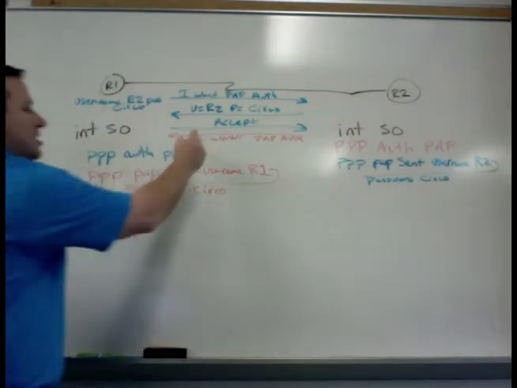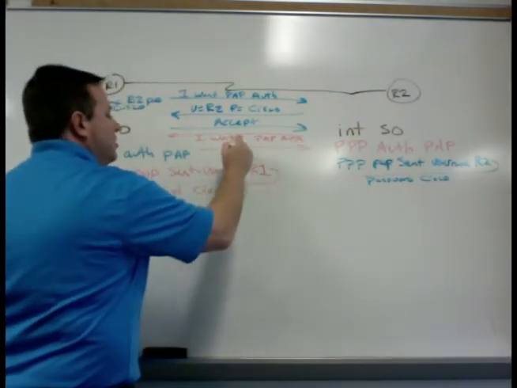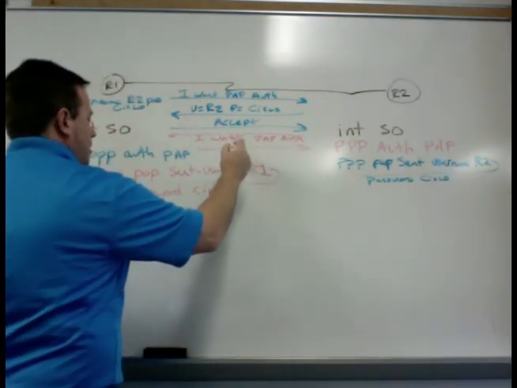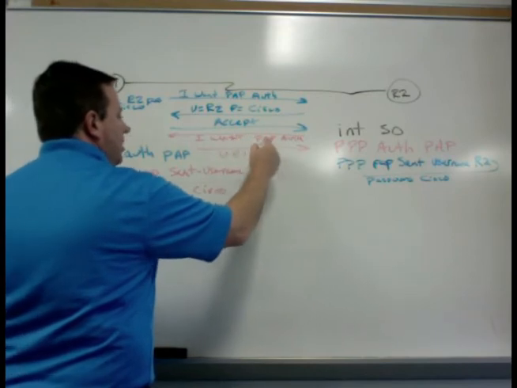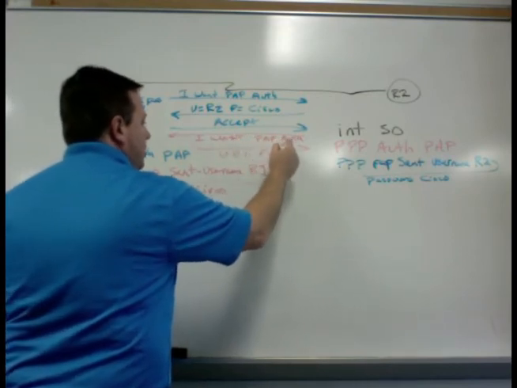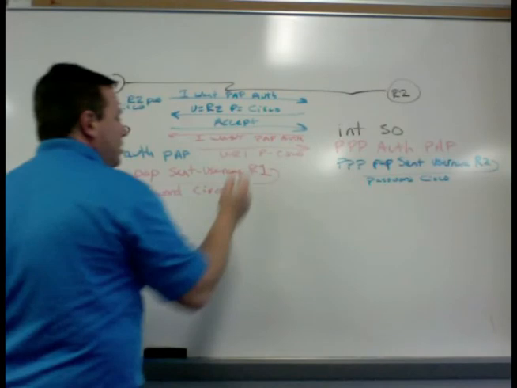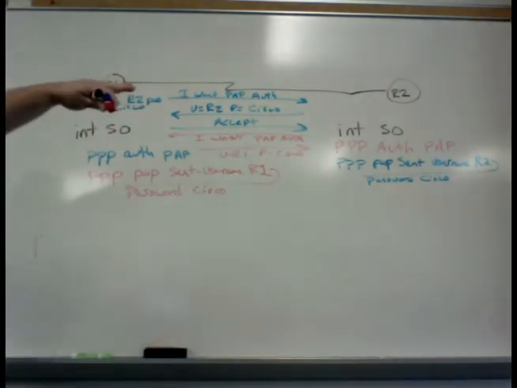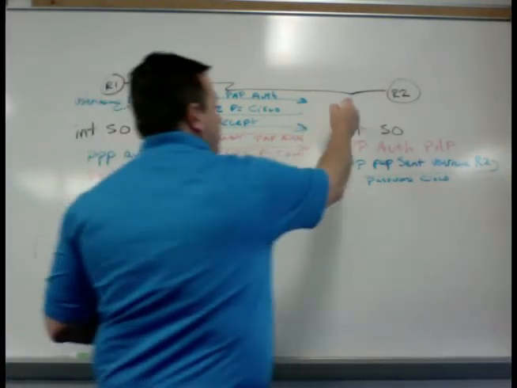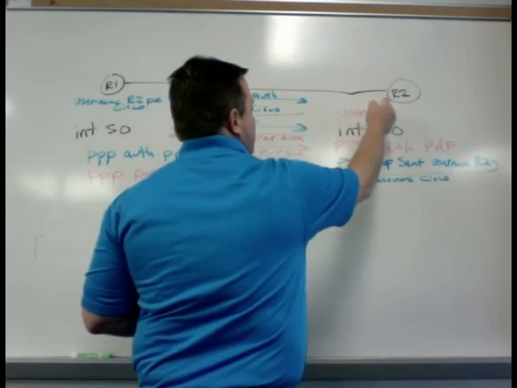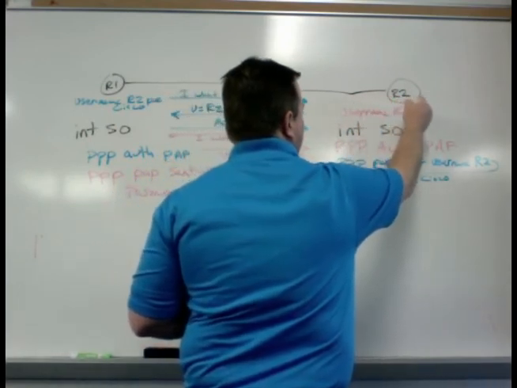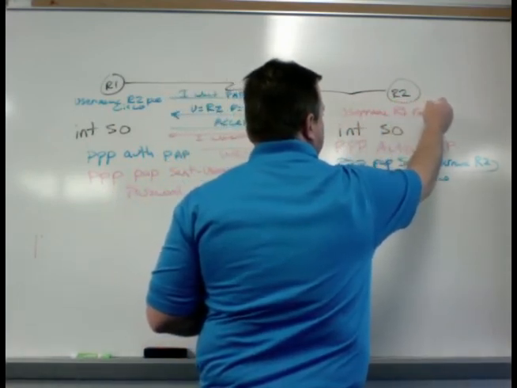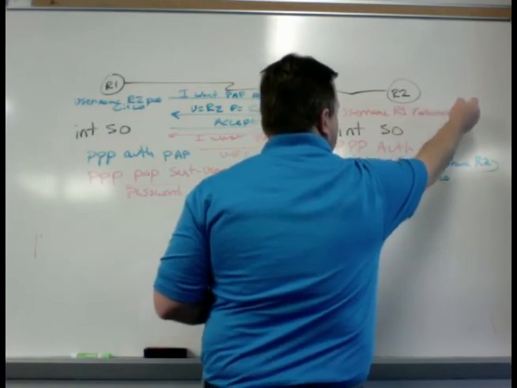So then that will cause us to send username R1, password Cisco. So what do we need on this side over here? We need something to validate it against. We need a username R1, password Cisco.